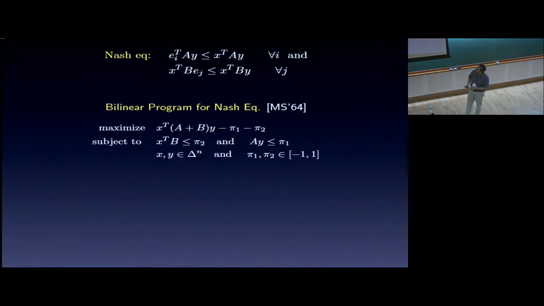Again, technical details that don't really matter for the purposes of the talk. All I want to highlight here is that the only computationally non-trivial aspect of this bilinear program is this term in the objective. All the constraints are linear in the decision variables x, y, pi1 and pi2. It's a bilinear program where all the constraints are linear.